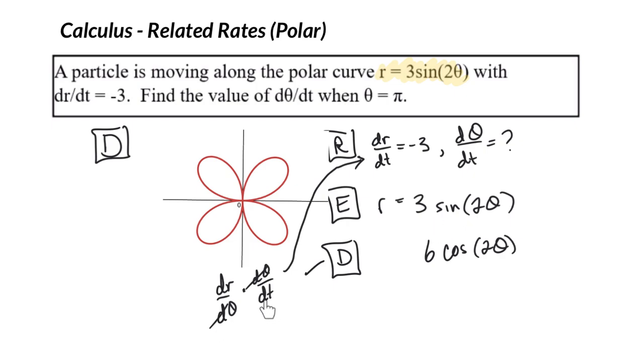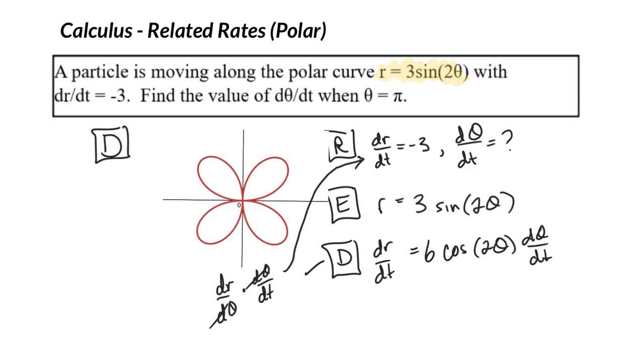Then I multiply that by d theta/dt, which of course is what I'm looking for, and that is equal to dr/dt. Again, we found dr/d theta by just finding the derivative of this, like always, and multiplied it by d theta/dt right here. The d theta/dt's divide out and leave me with dr/dt.